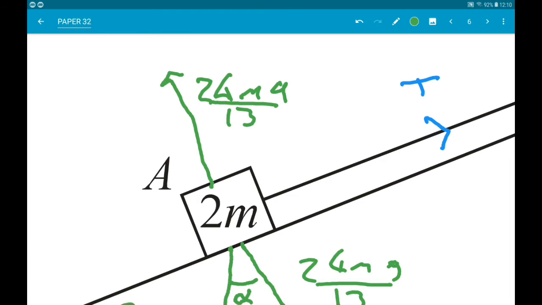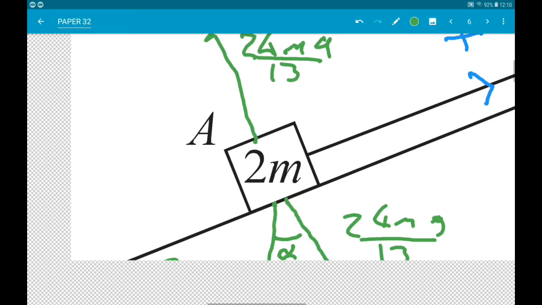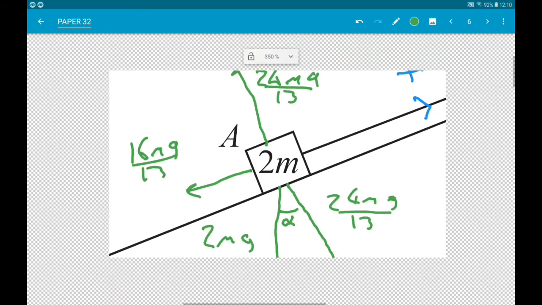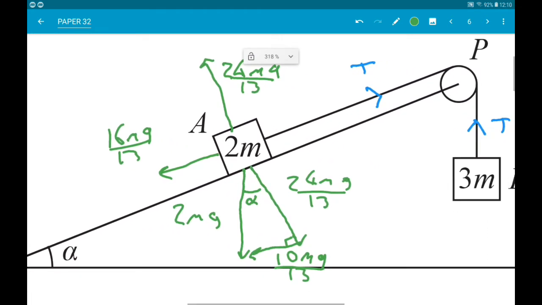At A we have friction, so that's mu times the normal reaction, so that's 2/3 times 24 mg over 13, so that's 16 mg over 13. Alright, so there is the complete picture at A.